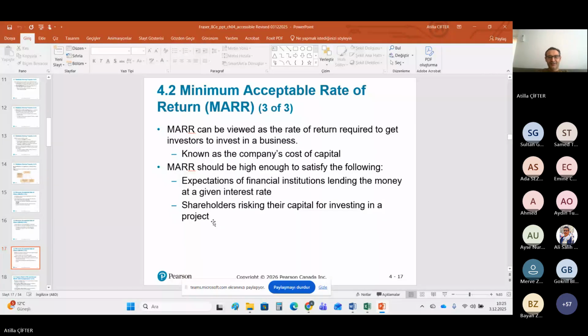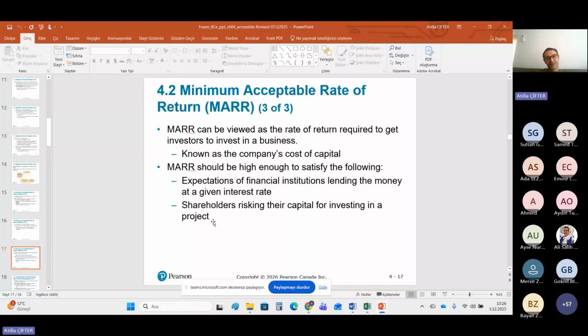It's also known as a company's cost of capital. This MAR should satisfy the expectation of financial institutions lending the money at a given interest rate, which means the interest rate of credit, and then shareholders putting their capital into a project. So the project return must be higher than the cost of this investment.